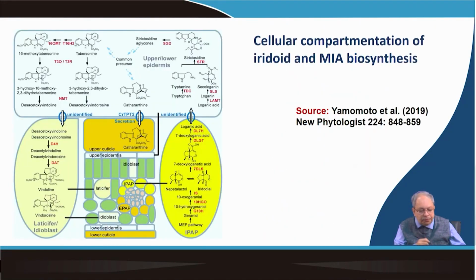It is the same thing, but what is important is that if T3R is not there, then instead of 3-hydroxy-16-methoxy-2,3-dihydrotabersonine, the pathway makes 3-hydroxy-2,3-dihydrotabersonine, which leads to the formation of desacetoxyvindorosine. Desacetoxyvindorosine again enters the laticifers, is converted into deacetylvindorosine, and then forms vindorosine.